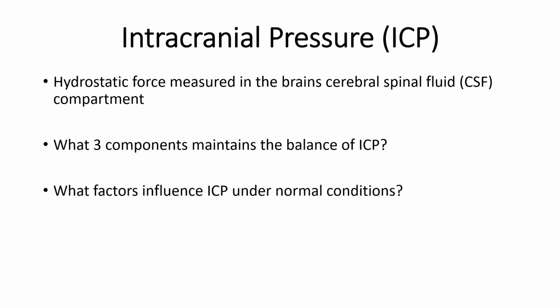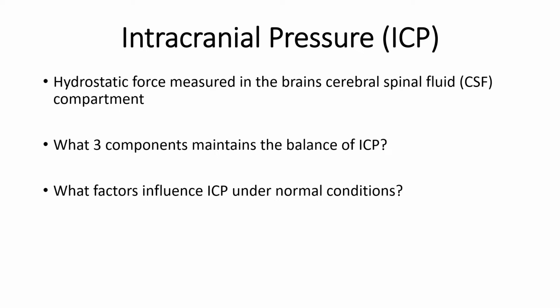So intracranial pressure as it stands is a hydrostatic force, and it's measured in the brain's cerebrospinal fluid. So we actually measure ICP through the CSF compartment. Again, what three components maintain the balance of ICP? Those would be the blood, the CSF, and the brain tissue.